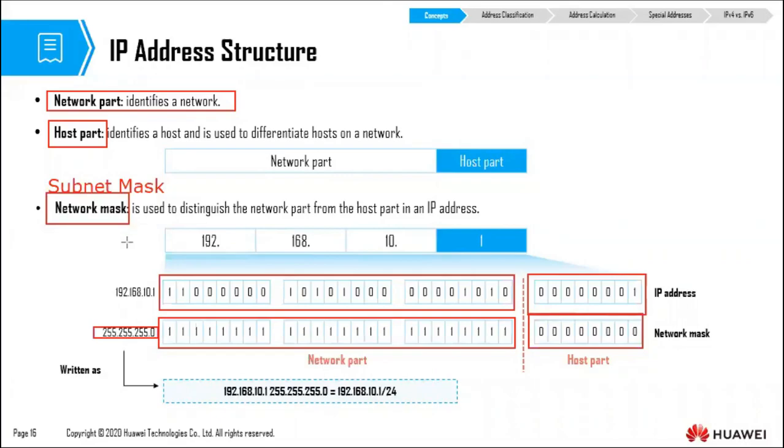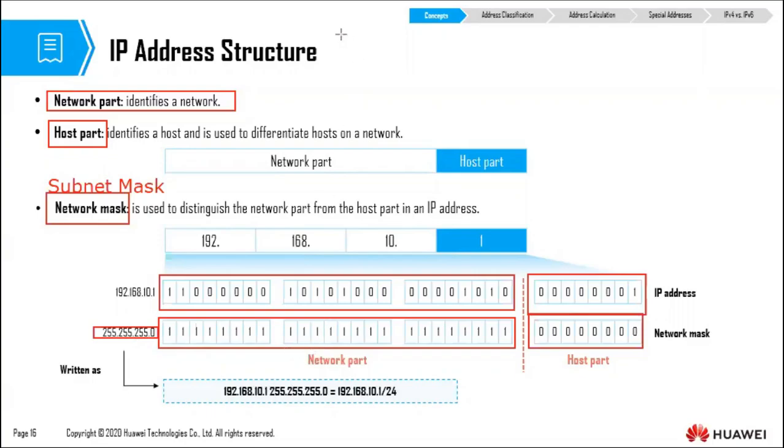We've said that a network mask is also called subnet mask. So we also have what we call VLSM, variable length subnet mask. So we can also vary the number of ones and the number of zeros in order to either increase the number of hosts or reduce them, or increase the number of networks or reduce them. So we're just going to see that just now.